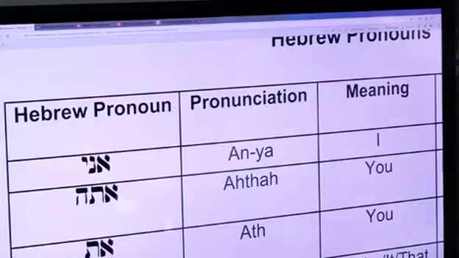Usually people ask, well, if anya means I am, then when you read in the Bible where it says, for example, I am Jeremiah, or I'm a prophet, what is the Hebrew word that's being used for I am in those instances? That's usually a question that people have.